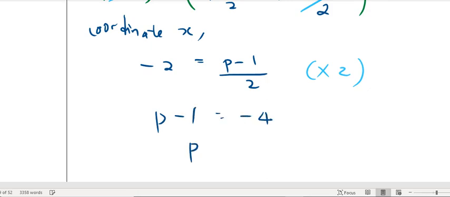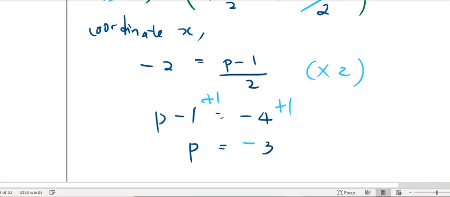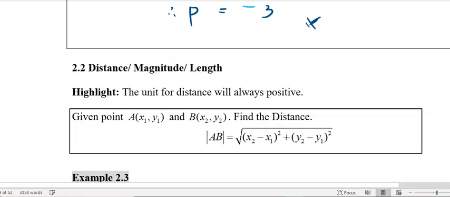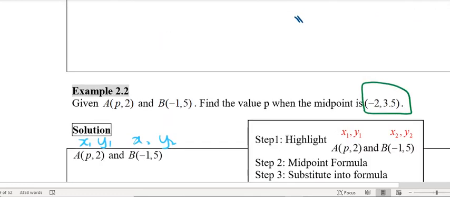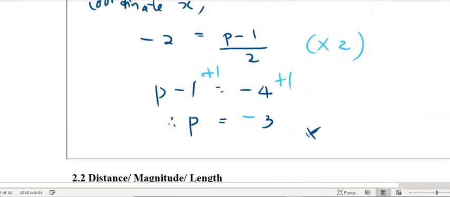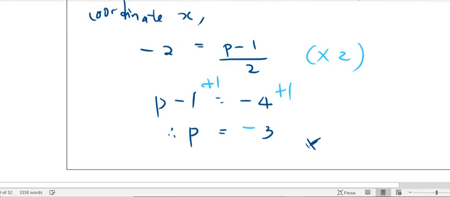So p will be negative 3. Okay, so that's the answer. Very straightforward. So that's the overall for midpoint.